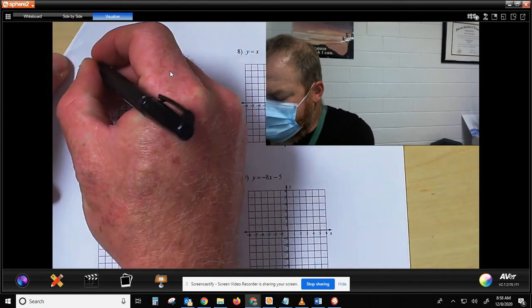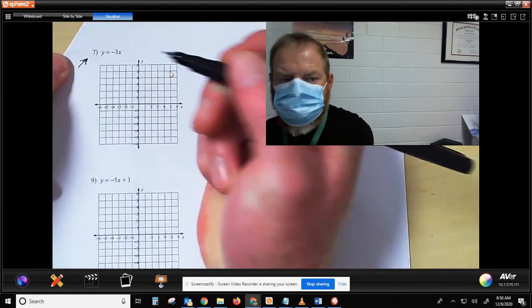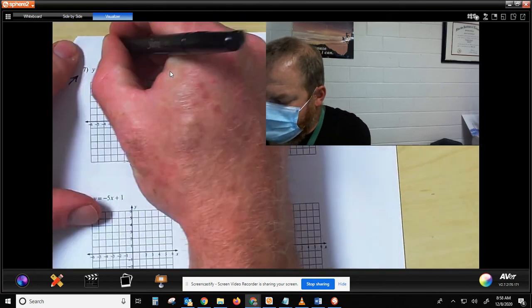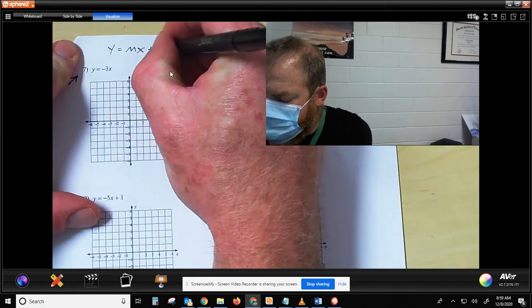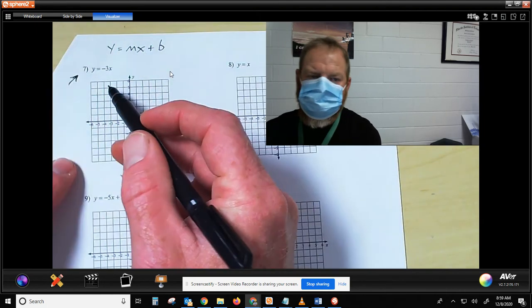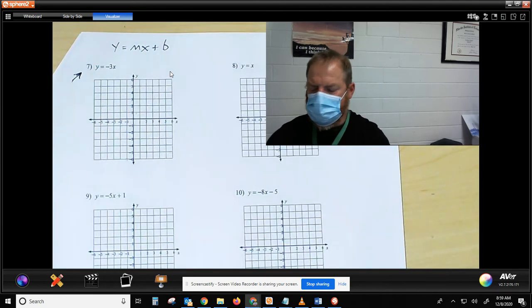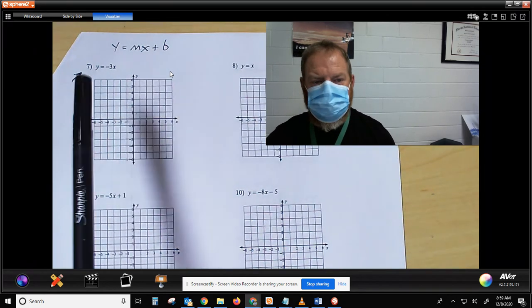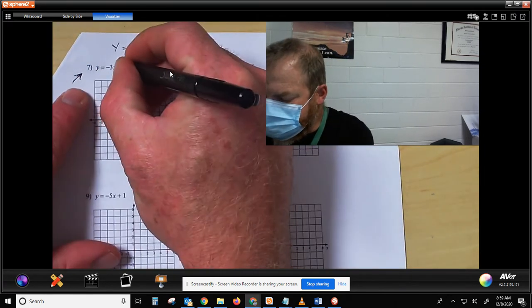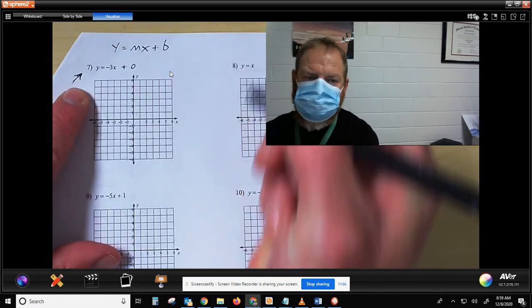People said, I don't know what to do with this, Mr. Mitchell. You're telling me that this is the form of a linear equation and all I have is -3x. Okay. The truth here is that there's no y-intercept listed because it's a +0.